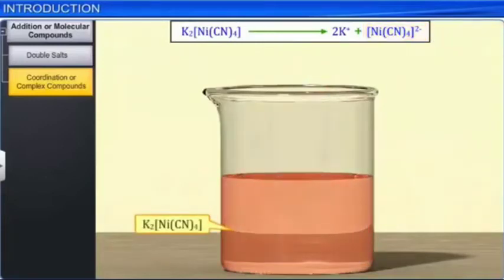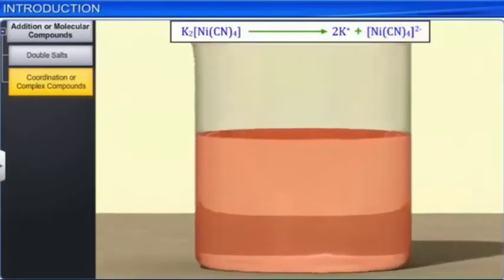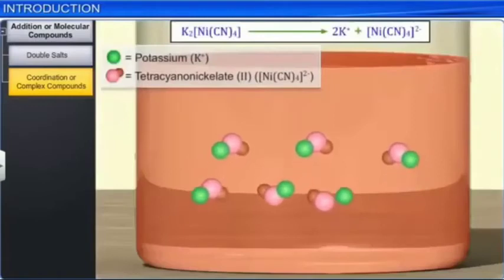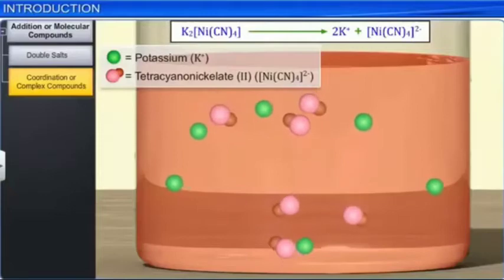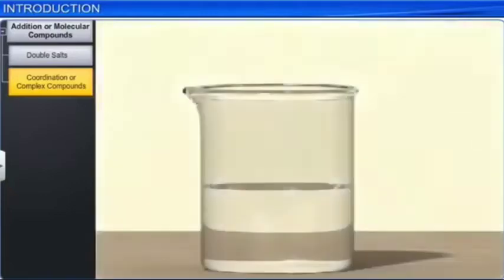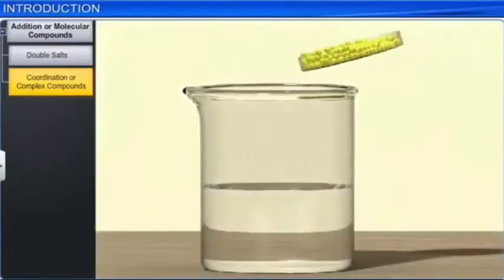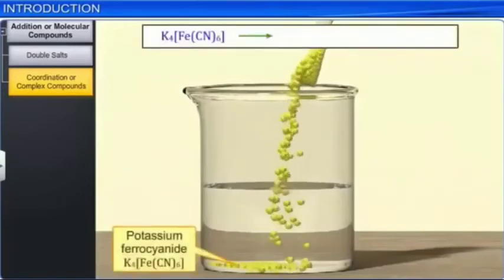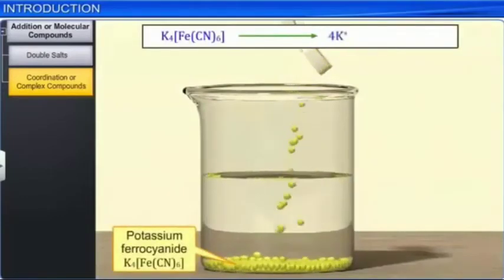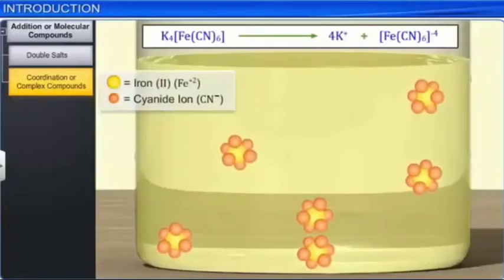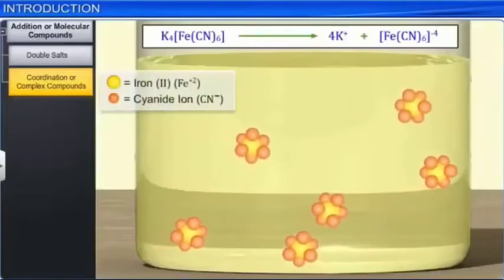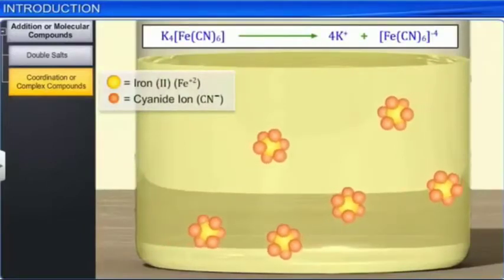For example, when potassium ferrocyanide is dissolved in water, it does not give the usual tests for Fe2+ and CN- ions, indicating that the ion [Fe(CN)6]4- does not dissociate into Fe2+ and CN- ions.